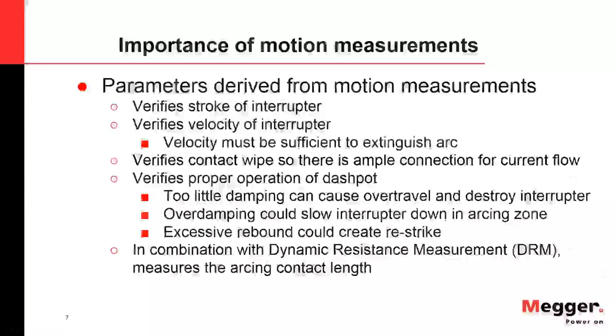What kind of parameters are derived from motion measurements? For one thing, you're going to verify the stroke of the interrupter. And then from that, you can also get the velocity of the interrupter. And velocity is important because it needs to be sufficient to extinguish that arc.